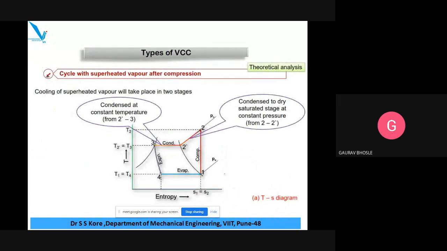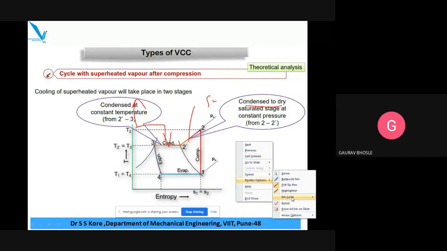Here it is mentioned that it is condensed to dry saturated vapor from 2 to 2 dash, then condensed at constant temperature from 2 dash to 3. So two types of heat we have to reject: one is the superheat and the other is the latent heat.